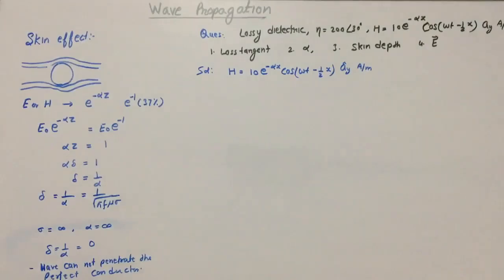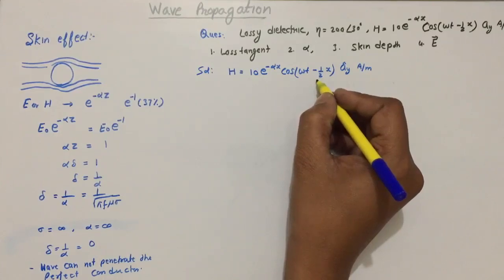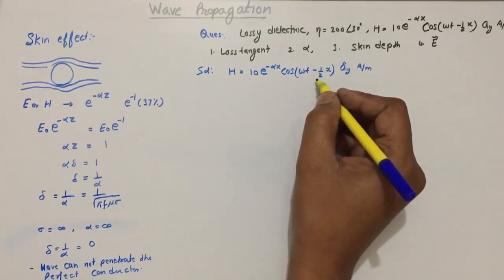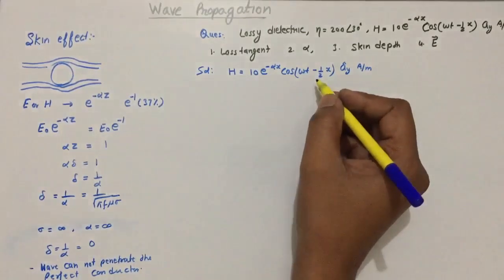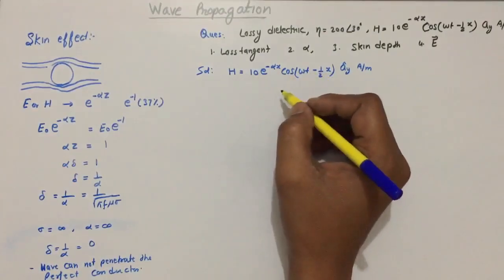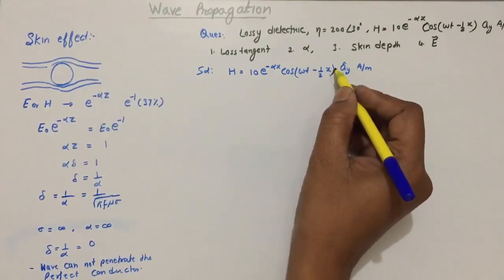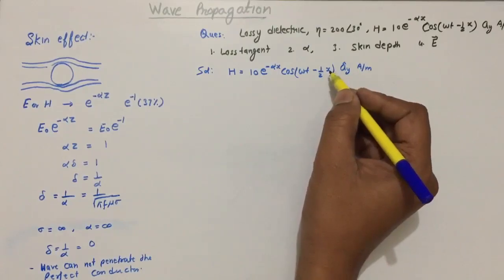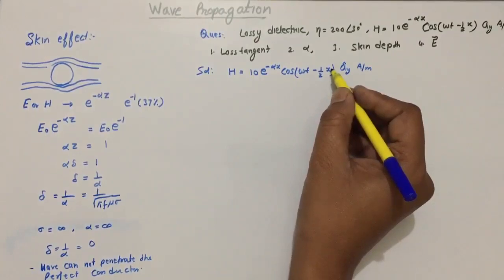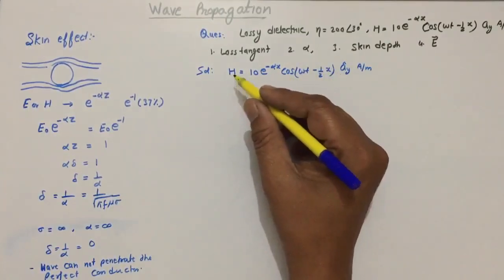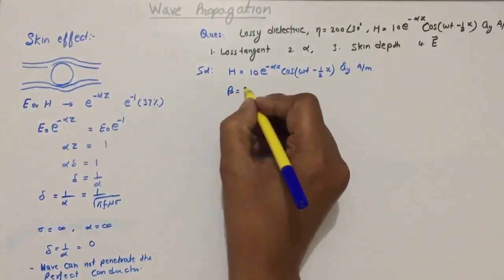Now from omega t minus beta x, if we relate the equations of E and H, we find that H lags E by angle theta n. So that theta is added with this if it is lagging. Apart from theta, we have beta here, that is half.